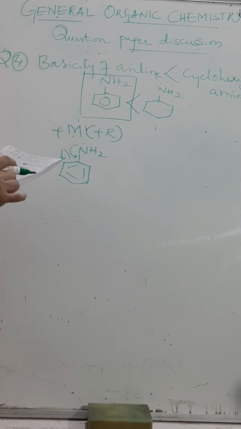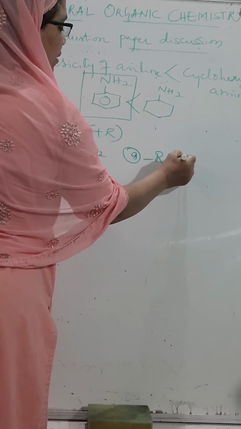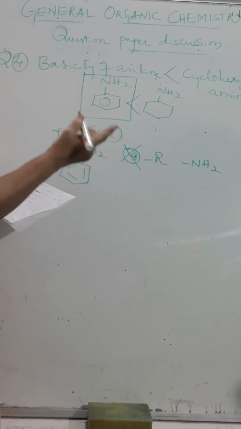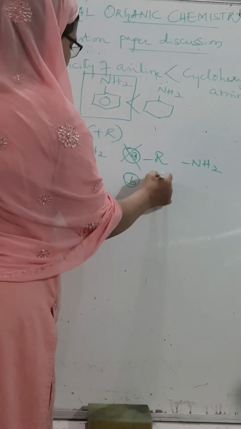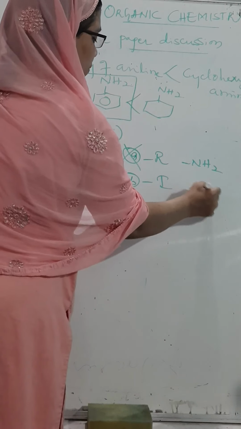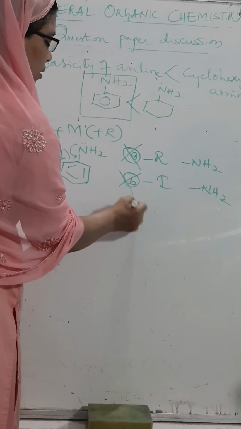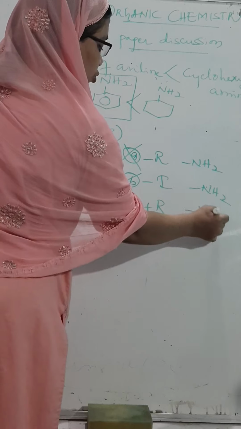First option, minus R effect of NH2 group. This option is wrong because it shows plus R. Second option, minus I effect of NH2 group. This is also wrong. Third option, plus R effect of NH2 group. Is it true?